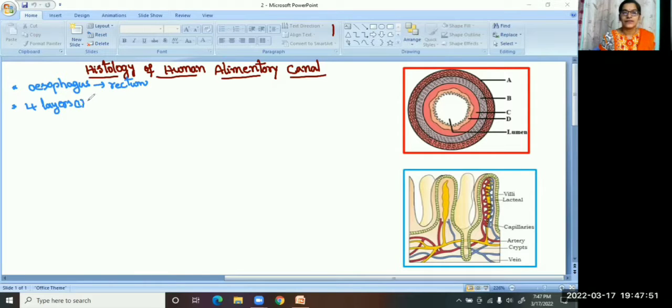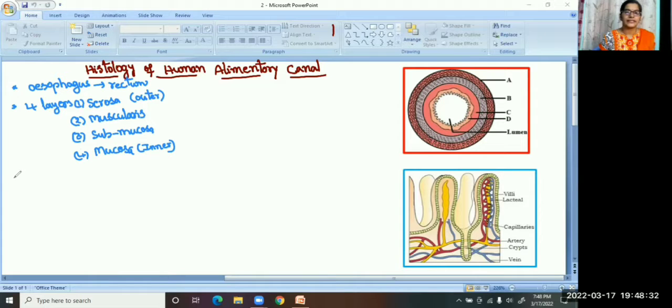They are serosa, second one is muscularis, third one submucosa, and fourth one is mucosa. Among these, serosa is the outermost layer, whereas mucosa is the innermost layer. Now, let us discuss each layer of the alimentary canal.